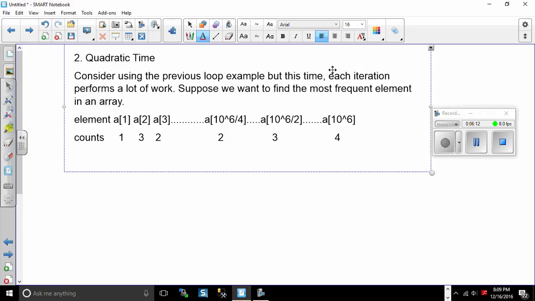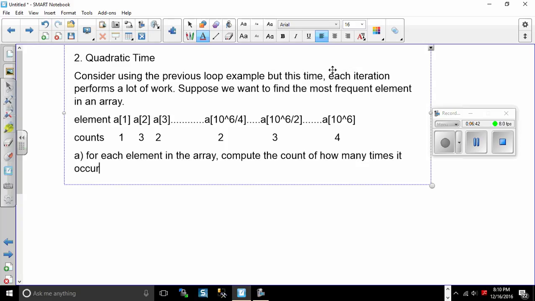Here's what we can do. First, step A: for each element in the array, compute the count of how many times it occurs.